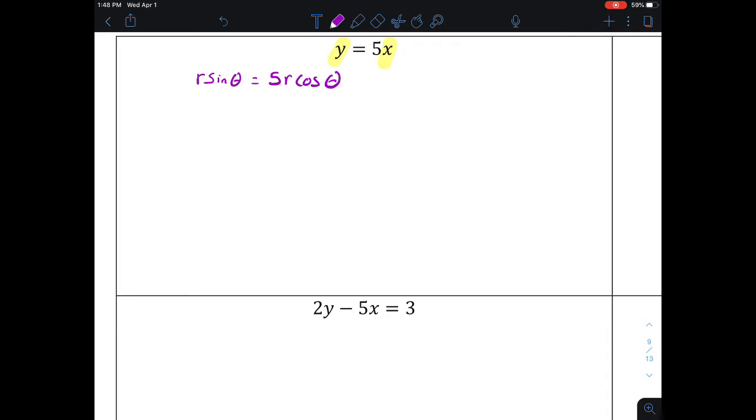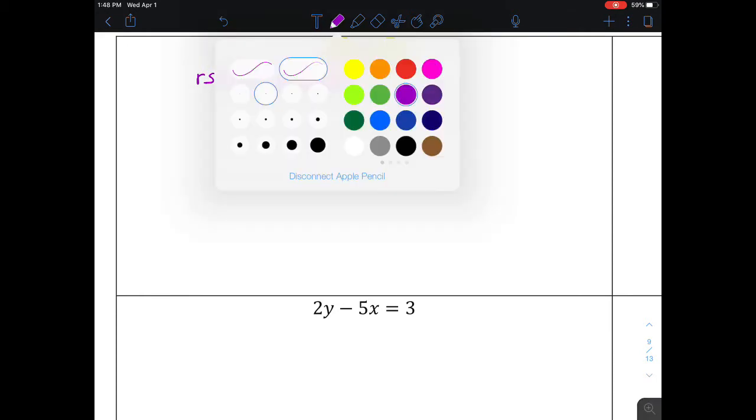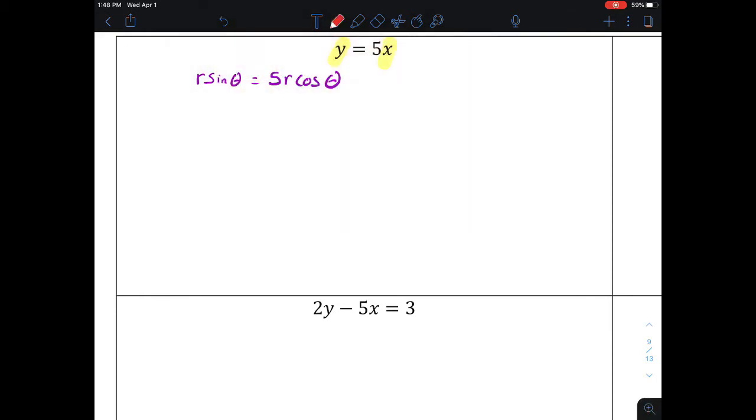And so, not every single problem is possible to write as r equals or even as theta equals, but we would try our best to make that the case. Looking at the current stage here, I'm going to divide everything by r. The r's cancel, and I have sine of theta is equal to 5 times cosine theta.